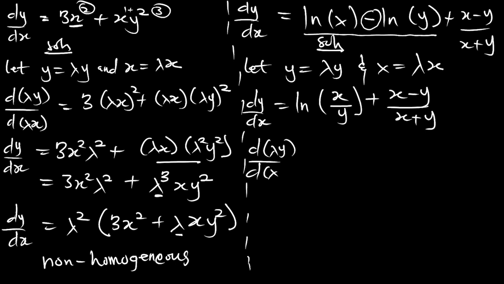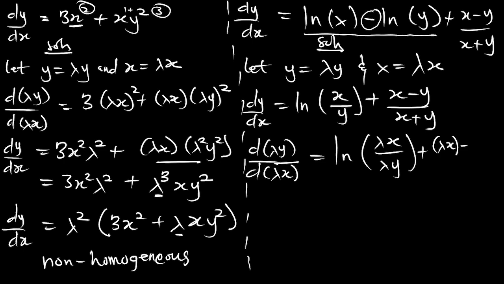So please pay attention to how I write the lambda and the x this way, equal to the function of, we have, let's put it in, the natural log of lambda x on lambda y, plus lambda x minus lambda y, everything on lambda x plus lambda y, that way.